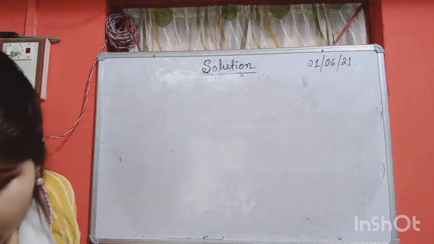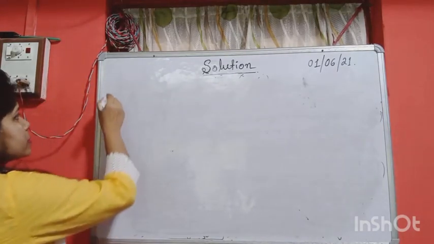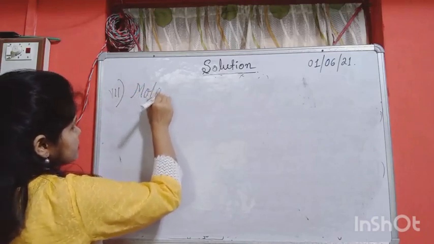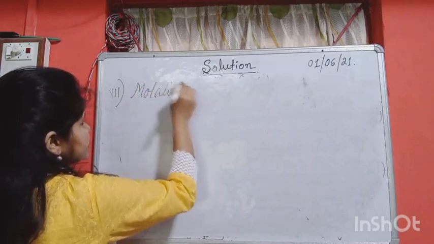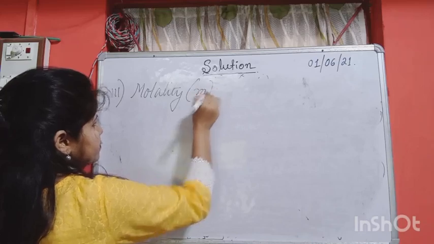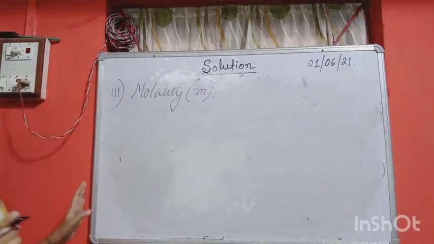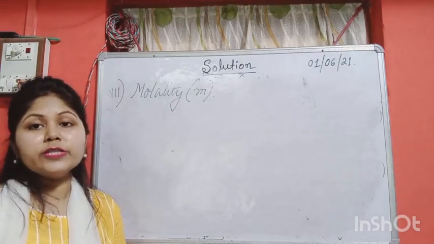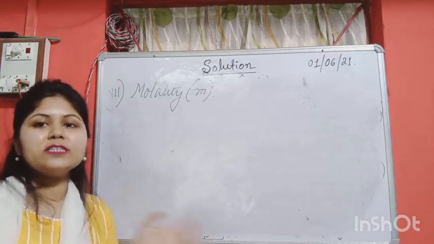Next is molality. That is number 7, molality. It is represented by small m. Molality is defined as the number of moles of solute present in 1 kg of a solvent.